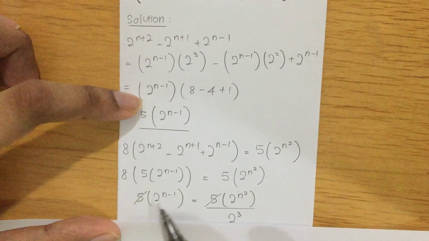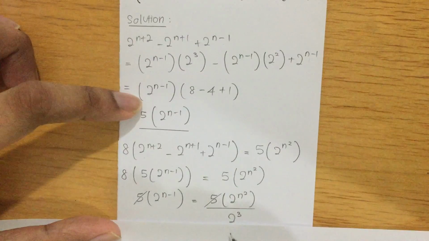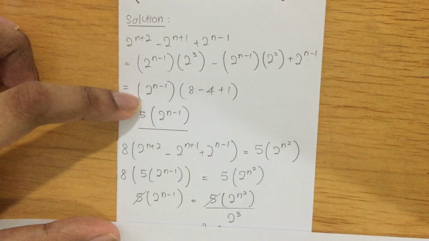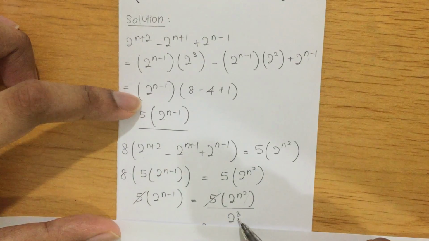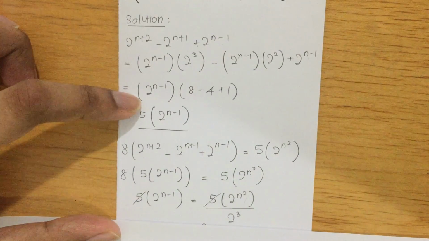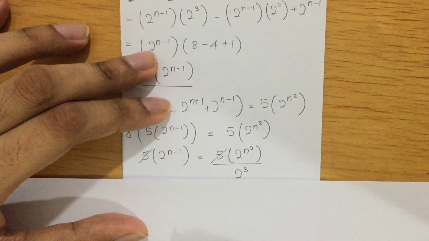So from here you have 2^(n−1) equals 2^(n²−3). So why minus 3? Because it involves division. According to the logarithmic rule, when you have a division with the same base, you need to subtract the powers.